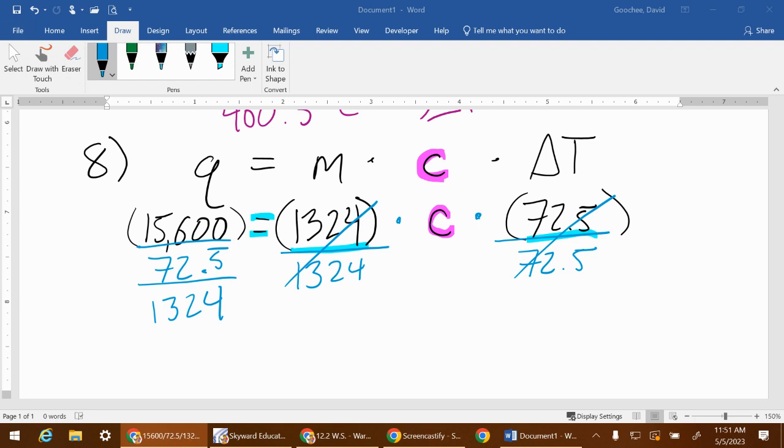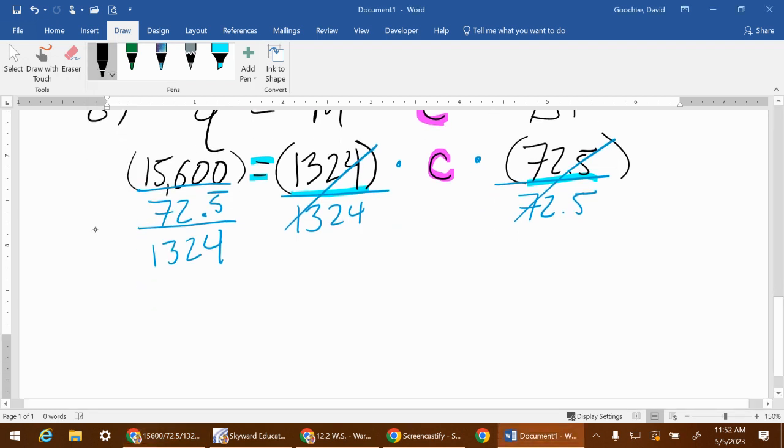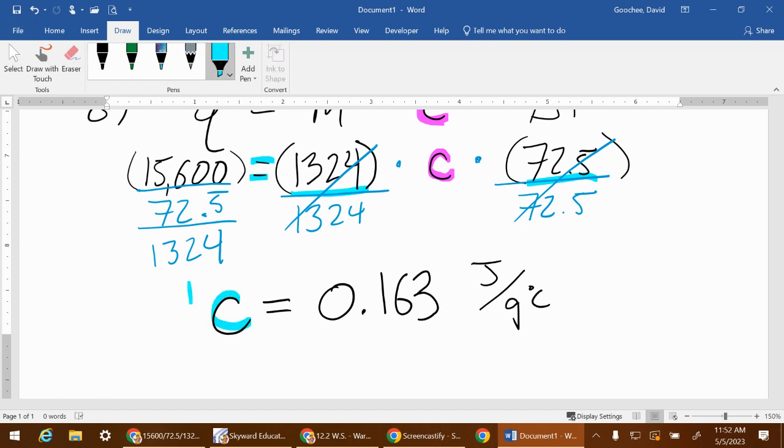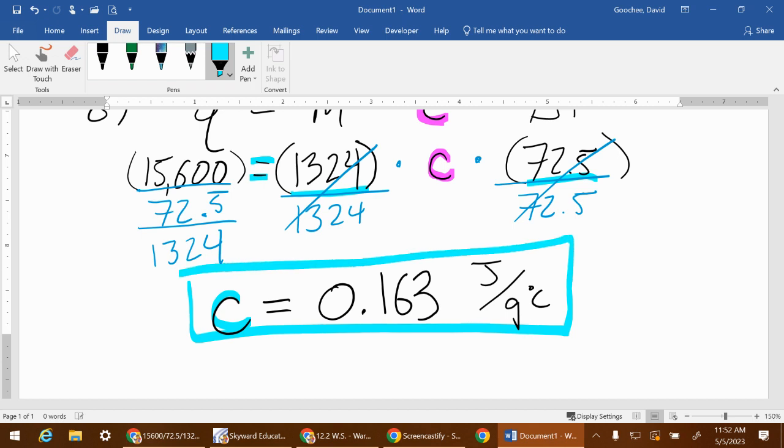And we get as an answer that the specific heat of this substance is 0.163 joules per gram that you raise up by a degree. So what this is saying is that for this substance, it takes 0.163 joules of energy to heat up 1 gram of this substance by a degree.